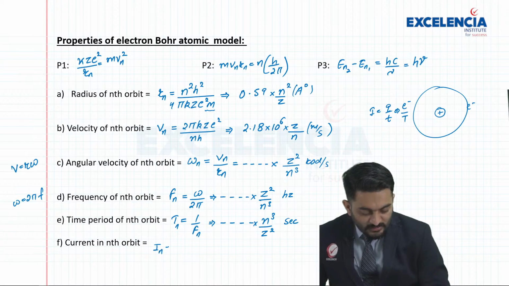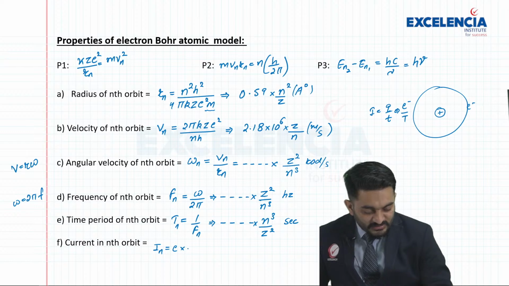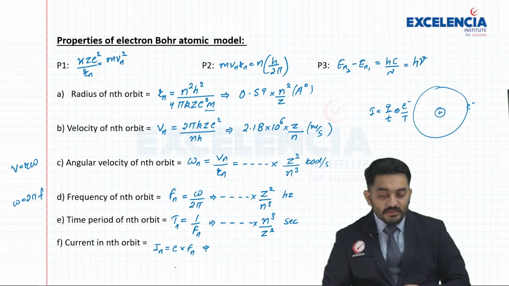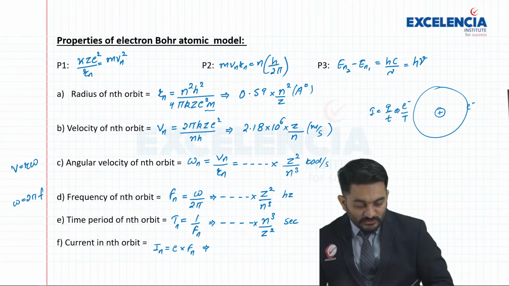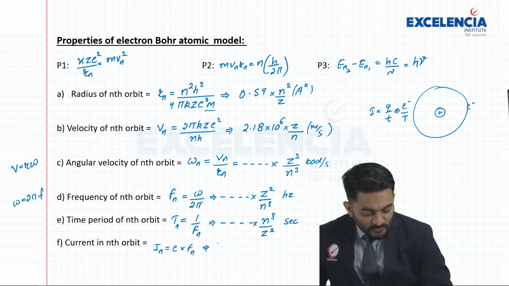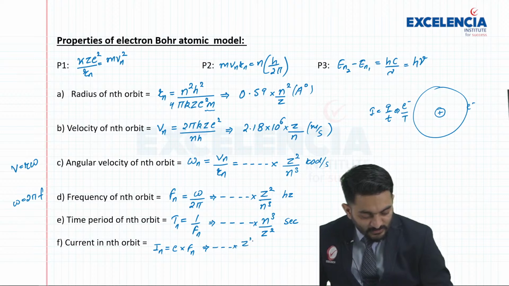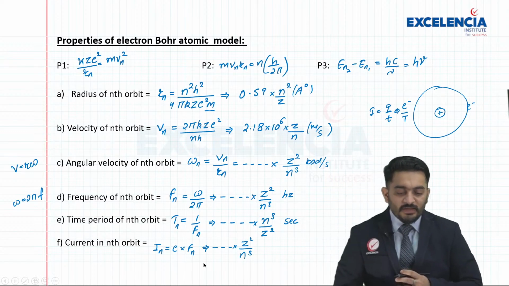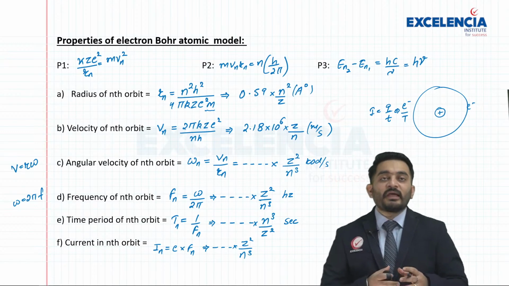Let me write it: current in nth orbit can be written as charge multiplied by the reciprocal of the time period, which is the frequency. So in this particular case also the frequency relation will be z square, whatever the constant variable, I will write it here as dotted, because this is how your z square over n cube will be written for current in nth orbit.